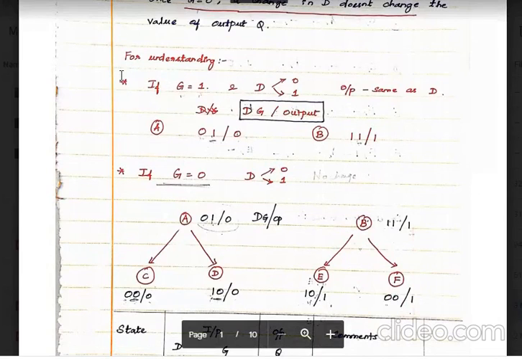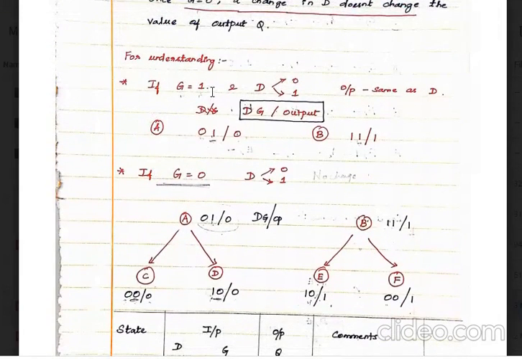Next, I have mentioned this for your understanding. Here, if G is equal to 1, as already told, D accepts some input, say 0 or 1, and the output is the same as D. And here you can see D G by output. So I have represented each and every state like this in terms of D, G and output. D can be 0 or D can be 1.